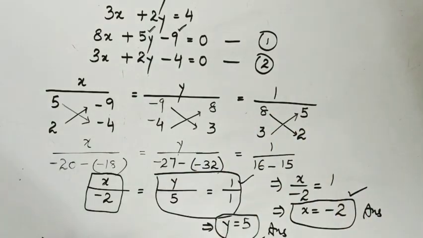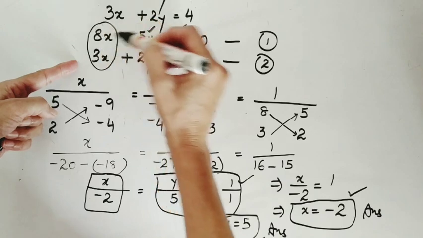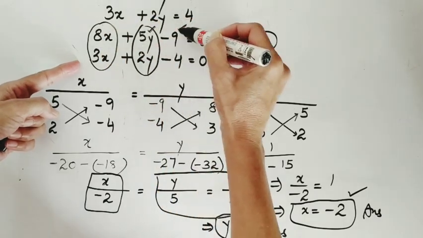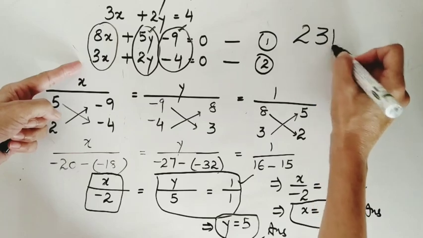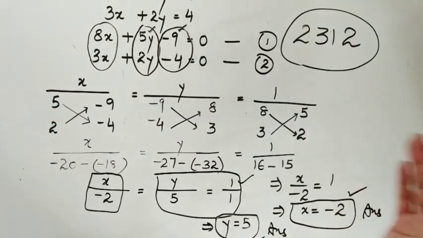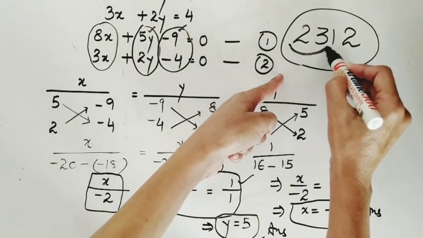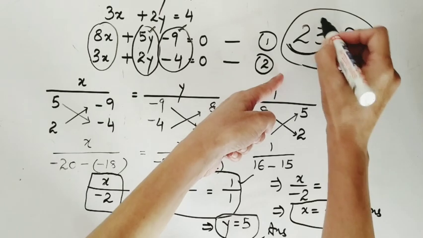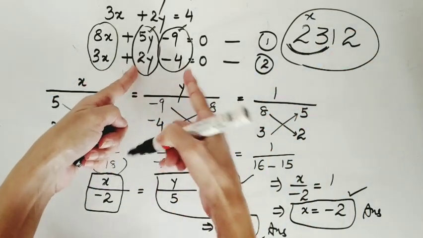The trick to remember is, there's a way, we can write this as 1, this is taken as 2, this is taken as 3. So it's 2, 3, 1, 2. Remember this method. When I say 2, 3, 1, 2, second and third are multiplied. For x we are multiplying second and third.